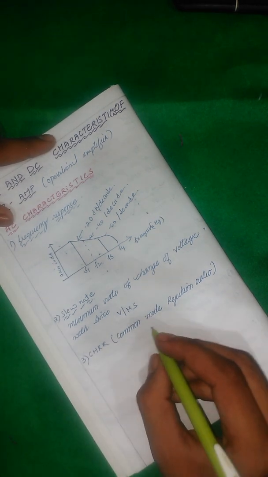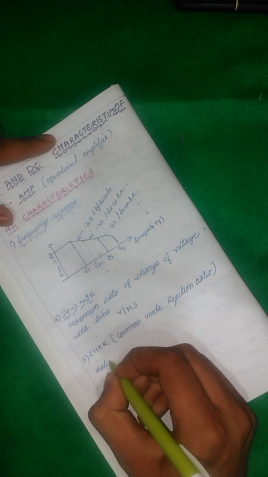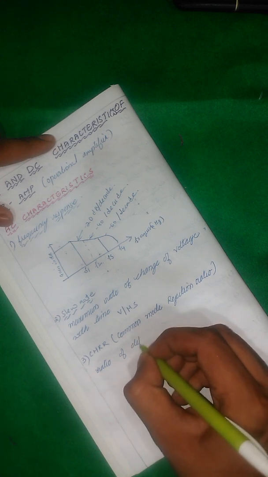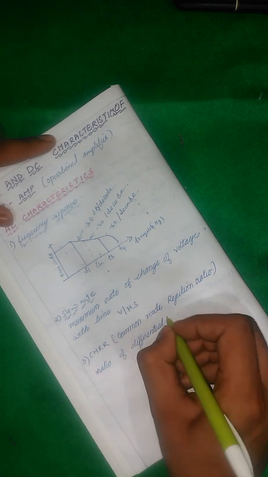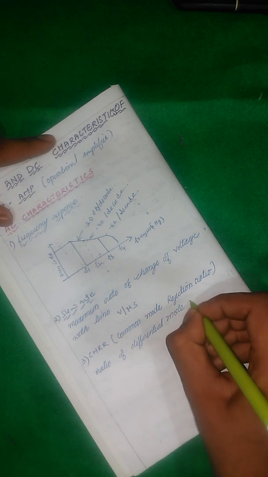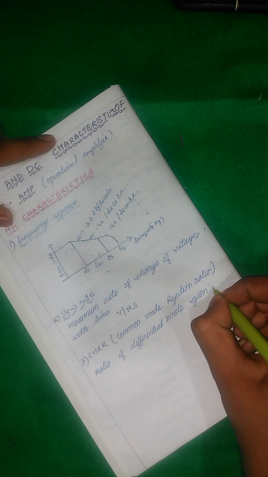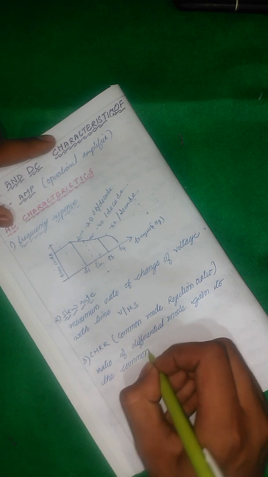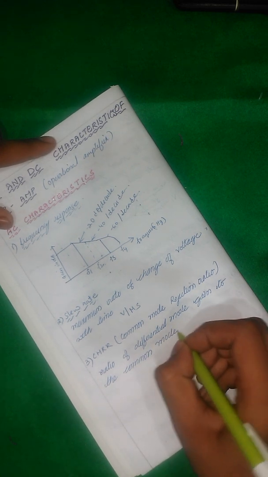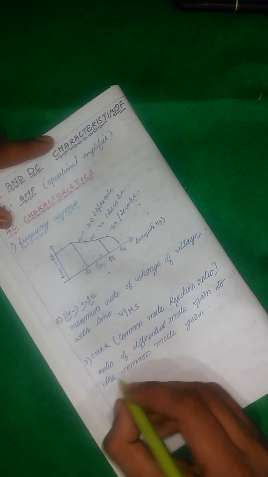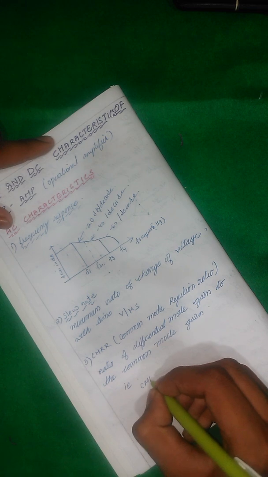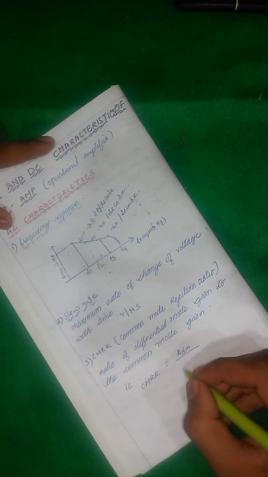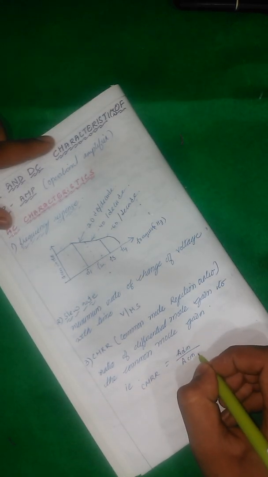It is defined as the ratio of differential mode gain to the common mode gain, that is, CMRR equals A_DM by A_CM.